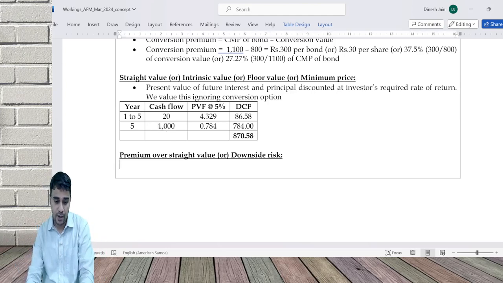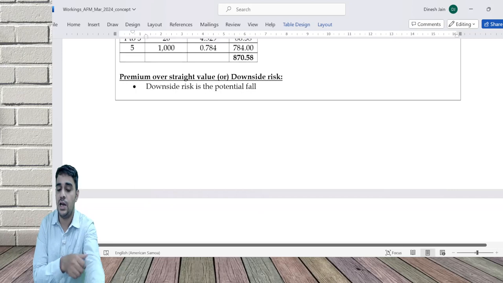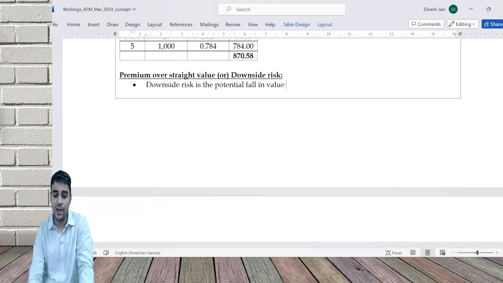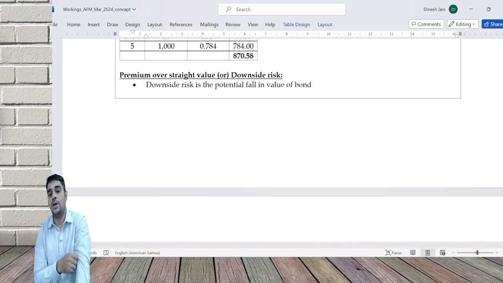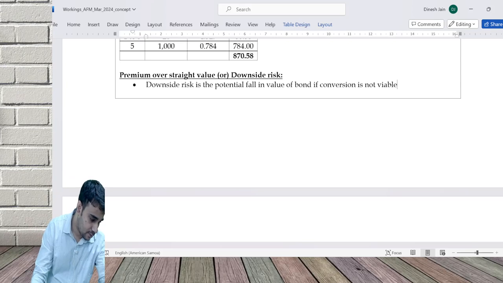Now, downside risk is the potential fall in value of the bond if conversion is not viable.